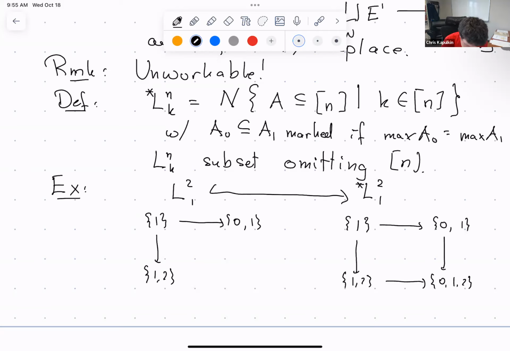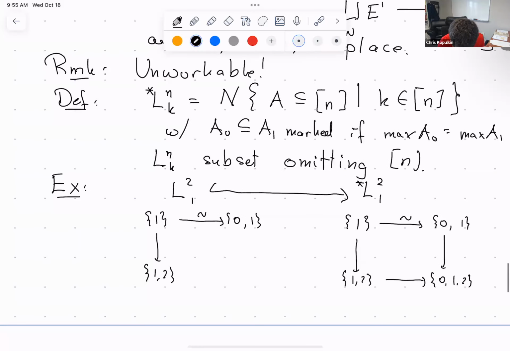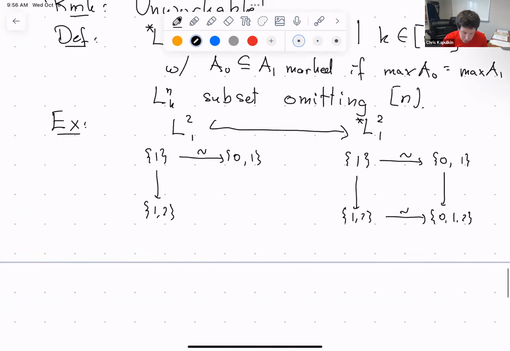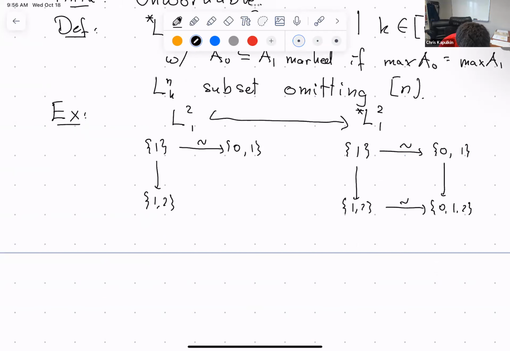Now what are the weak equivalences here? Remember, a 1-morphism is a weak equivalence if the maxima agree. So this is a weak equivalence, this is a weak equivalence, this is a weak equivalence, and I think I got all of them. That looks a lot like one of the conditions in Gabriel-Zisman, if you remember. Then let's do another example to see what is happening.